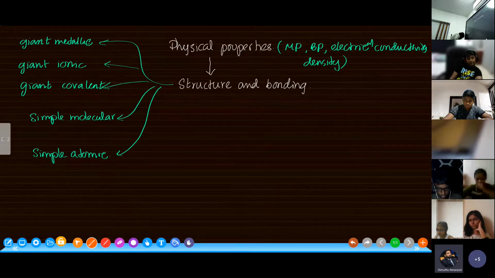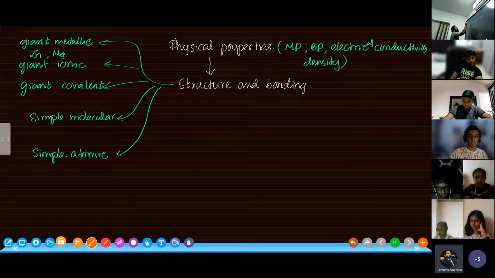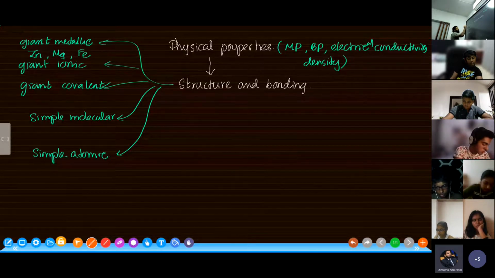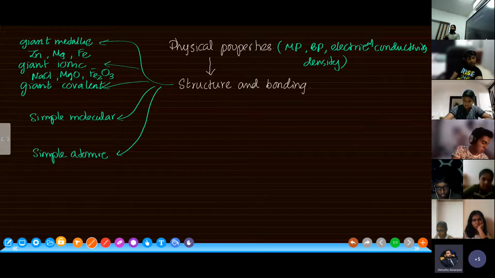Giant metallic: zinc, magnesium, iron. Giant ionic compounds: sodium chloride, magnesium oxide, iron oxide, compounds made of metals and non-metals.